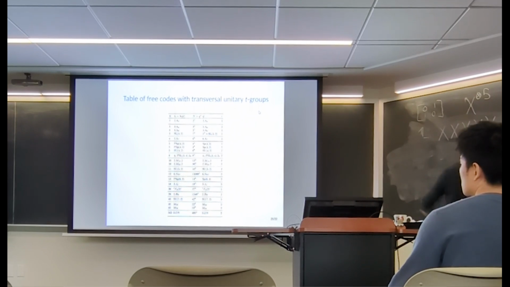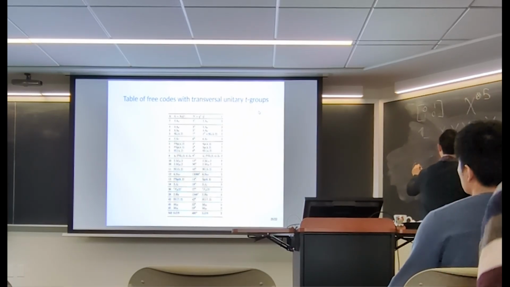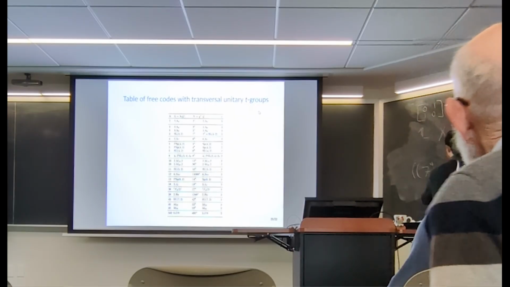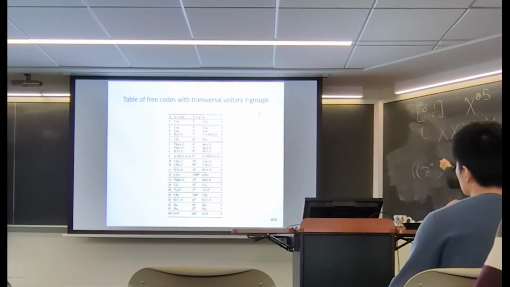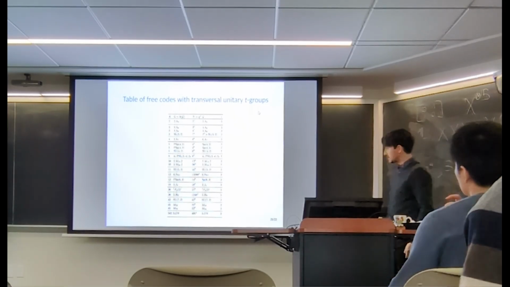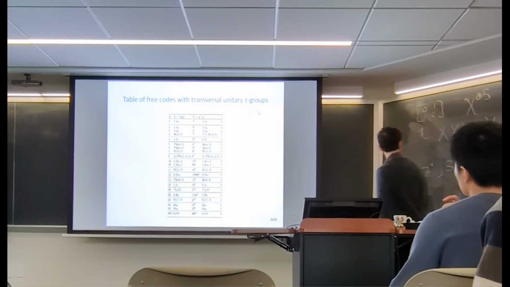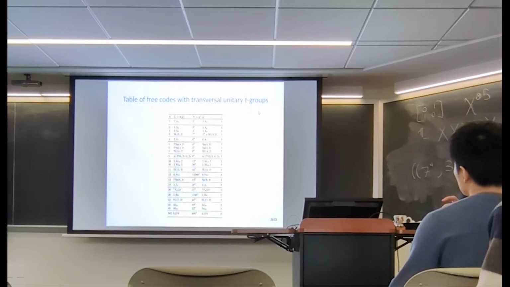So I'll just write it up here. This is a code with 7 physical qutrits that encode 1 logical qutrit and has distance 2. The unitary group on the code space is U3.